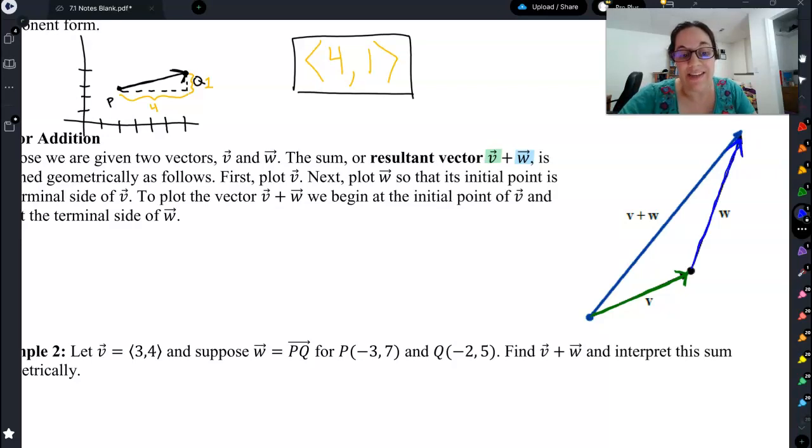That is vector addition. That's how you add two vectors together. So your first vector, and then take your second vector wherever the first one ends, start your second vector there. And then the vector from the starting point of V to the ending point of W, that is what we call vector V plus W.